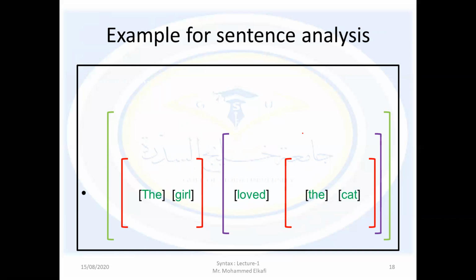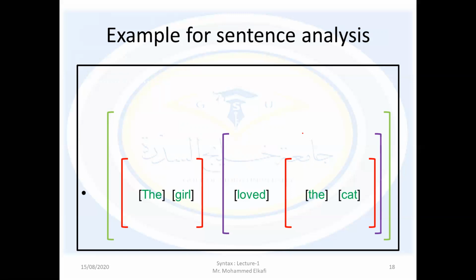Here first, as you see, the smallest constituents, or even the smallest units of the sentence, which are known as words, are enclosed separately.